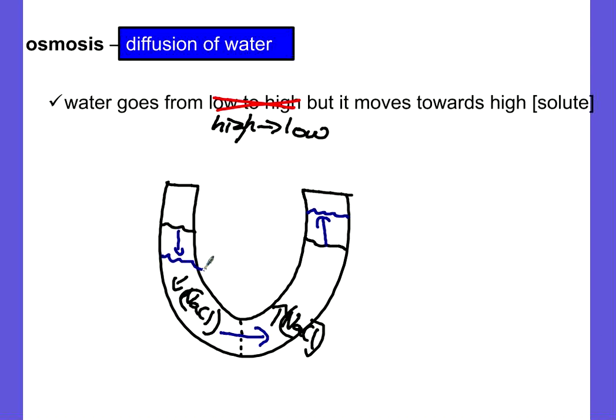And that's working against gravity, correct? That actually will happen if you set up something like this because there's a certain amount of pressure that osmosis can put on this situation. Whatever pressure, whatever force you'd have to use to push this side down and make it balanced again, that's equal to the osmotic pressure.